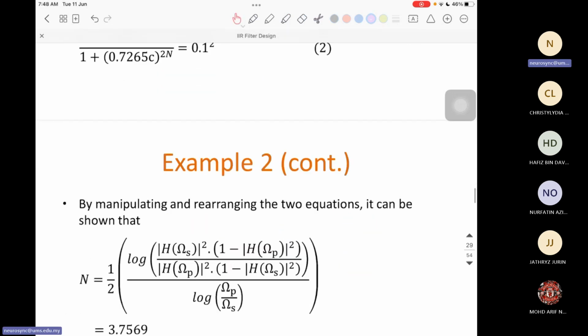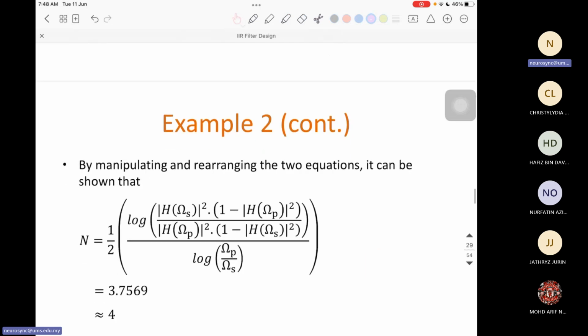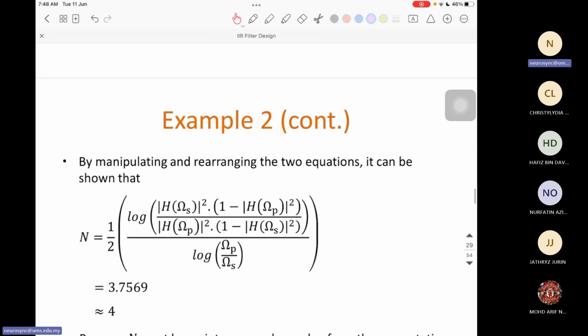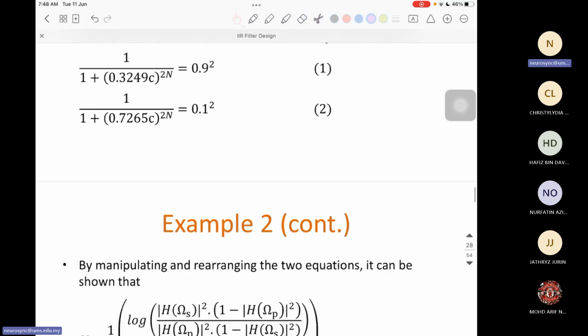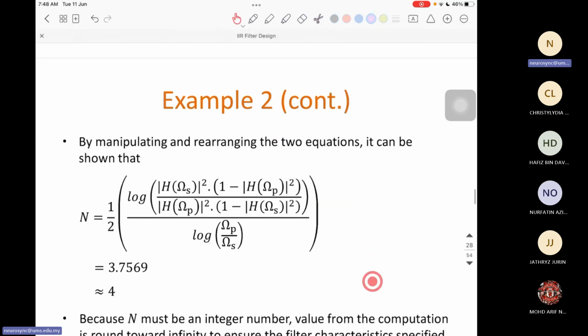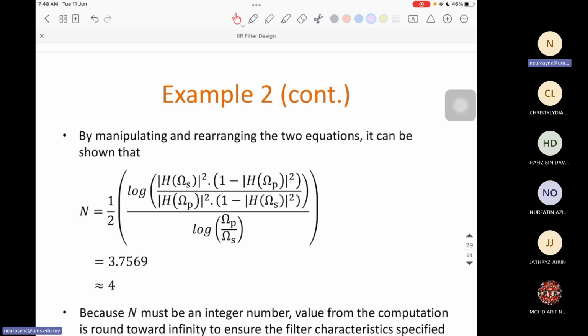We can rearrange the terms and find out the value of capital N. So if we rearrange these two equations 1 and 2, the capital N is equal to 1 by 2 log of this divided by log of omega p by omega s. So this is the equation.